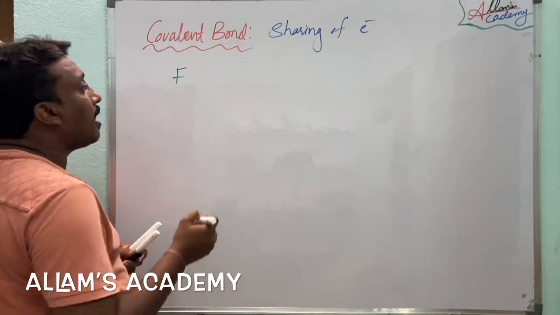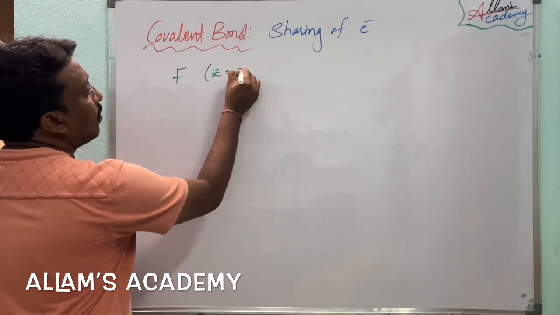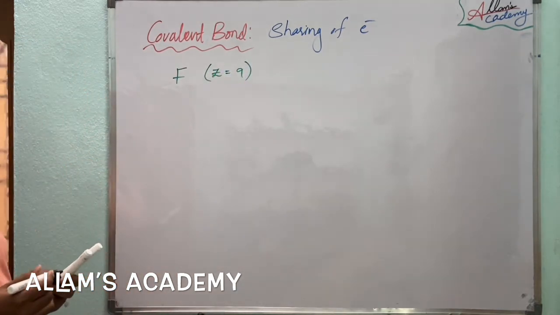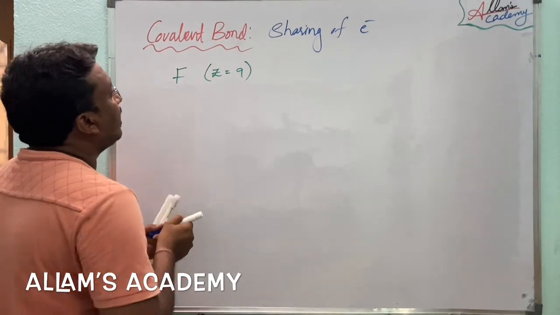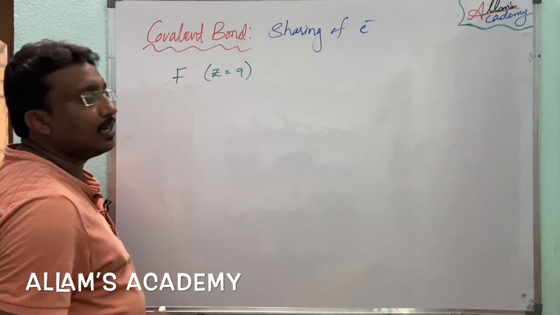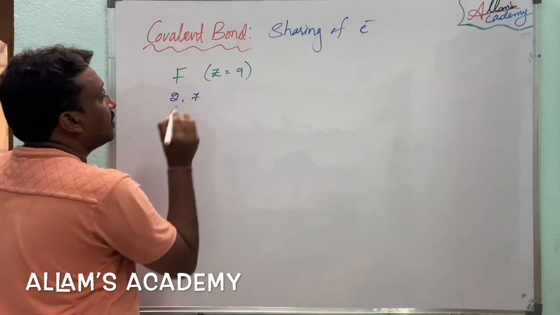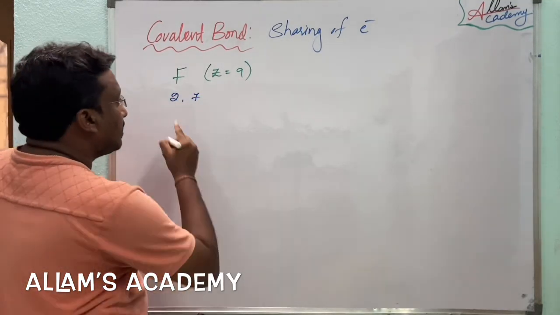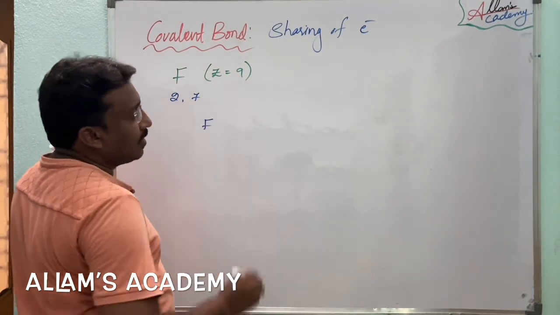What is the atomic number of fluorine? The atomic number of fluorine is 9. The electronic configuration is 2, 7. Dot structure of F.